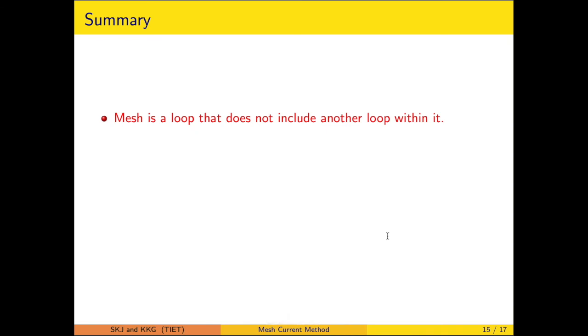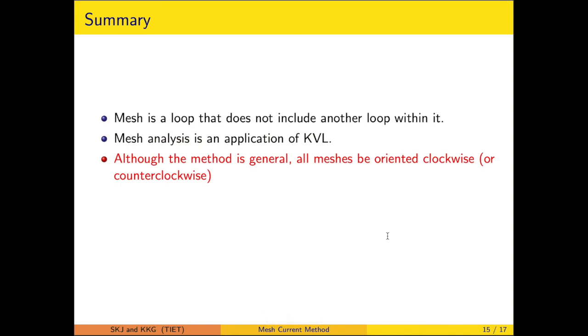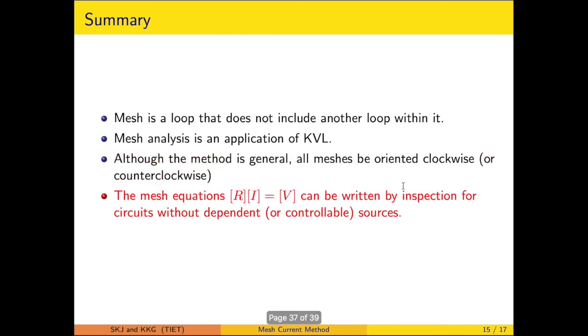Now with this background we can summarize that a mesh is a loop that does not include any other loop within it. Mesh analysis is an application of KVL. Although the method is general, all meshes should be oriented clockwise or counterclockwise. We have developed the discussion when the meshes are oriented clockwise.